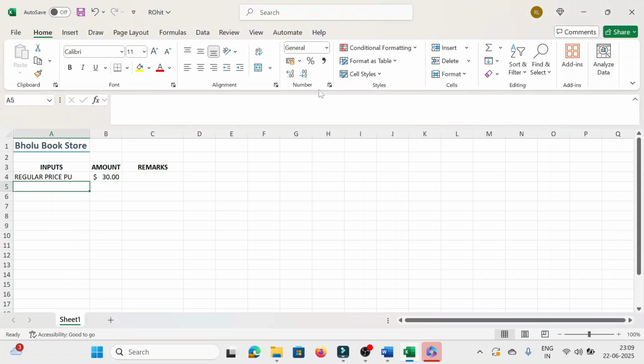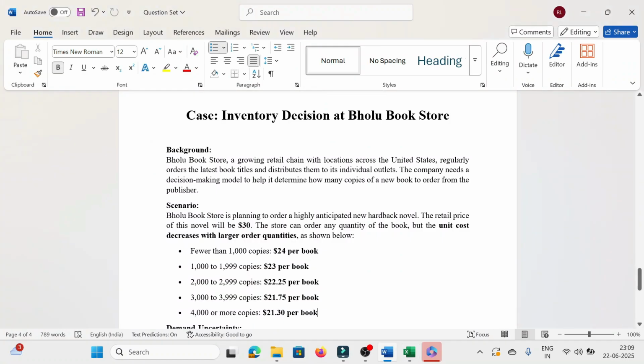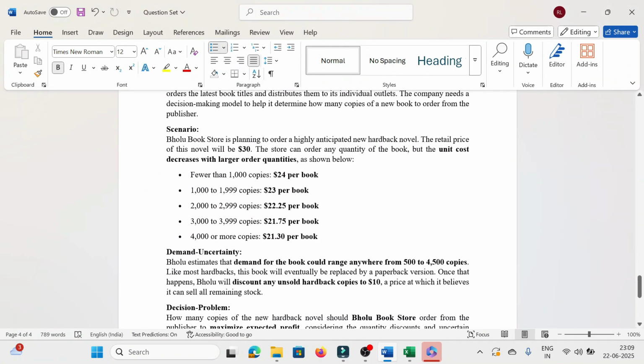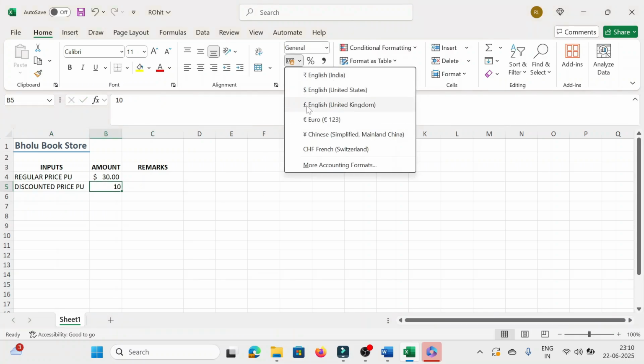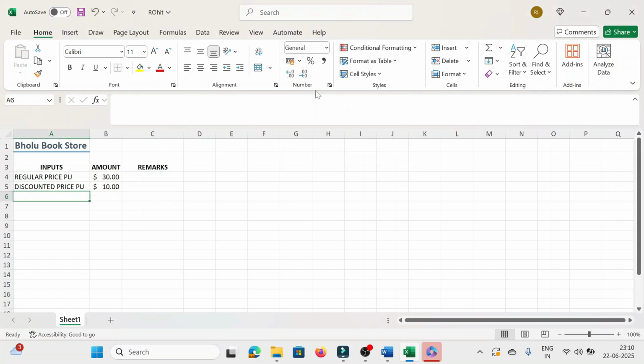The second important thing is, if the demand is uncertain and unsold copies would be there, they would be sold at a discounted price of $10. So here I will write discounted price per unit would be $10. Again I will change it into currency.